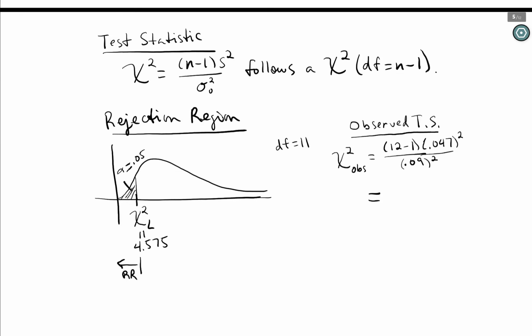Okay, so if you compute that quantity here, I actually haven't computed it, so I'm going to type it out. 12 minus 1 times 0.047 squared divided by 0.09 squared. Okay, and I get 2.99. I'd actually have 4 nines there if you wanted to round to the fourth place. 2.9999 is my observed test statistic.